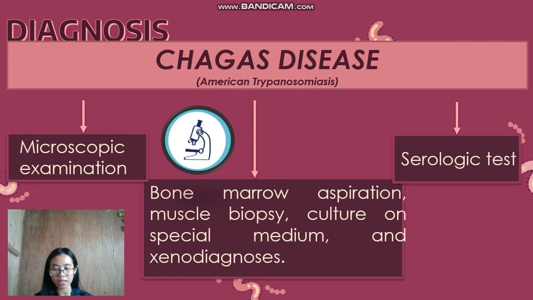Xenodiagnosis entails allowing an uninfected laboratory-raised reduviid bug to feed on an infected patient. After several weeks, the intestinal contents of the bug are examined for the presence of the parasite. Serologic tests can also be helpful. Both xenodiagnosis and serologic tests are useful in the chronic form of the disease.